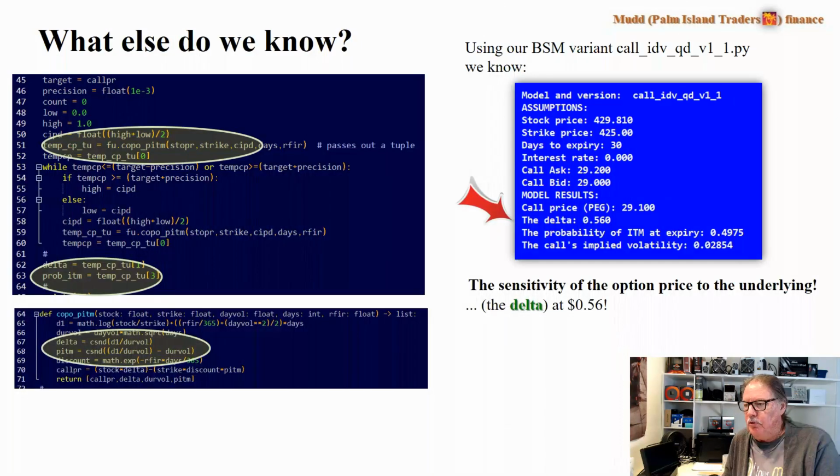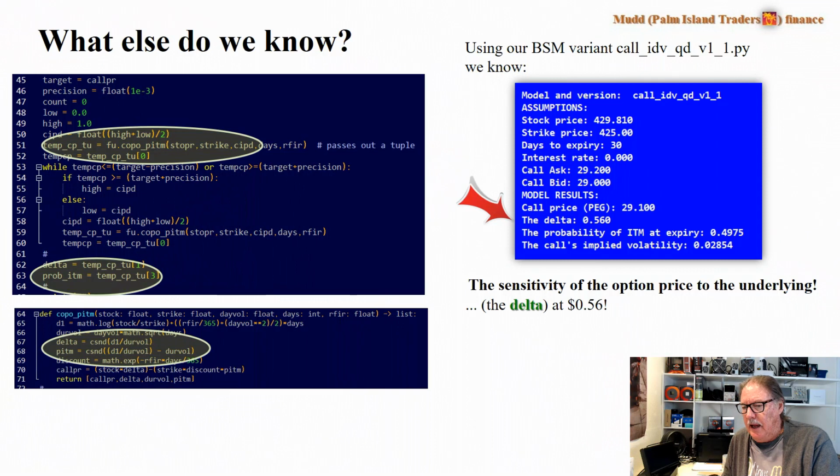Now that means, of course, and we know that's true because the delta, which is the sensitivity of the option's price to a change in the underlying, is non-zero. And using the same model, as you can see here on the left, to pull out the value of the delta, which falls out of the financial utility program called COPO-PITM, we have a delta of about 56 cents, and that measures the sensitivity of the option price to the underlying.